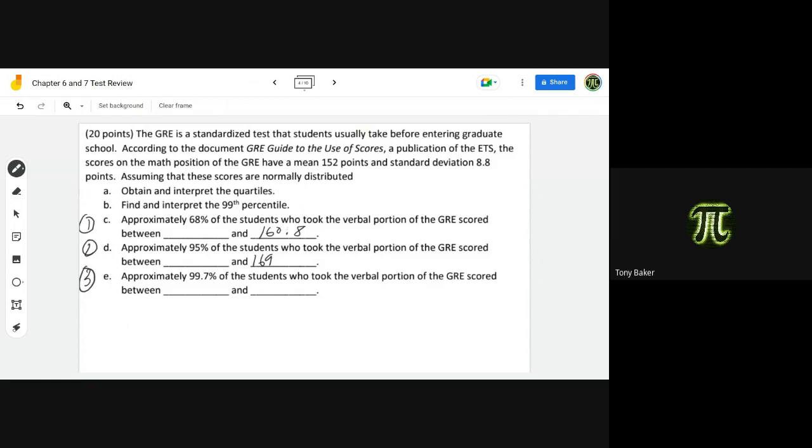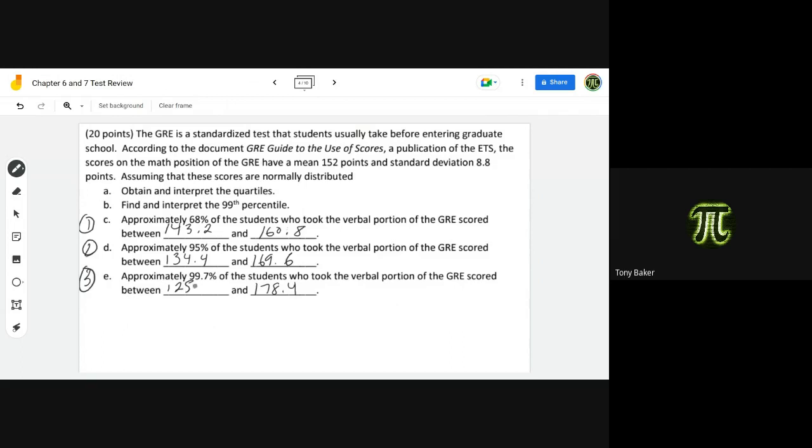So 169.6 and then add 8.8 again and get the 178.4. I would do one side and then do the other one. And then just do 152 minus 8.8. And that's the 143.2, and minus 8.8 again, 134.4, and then minus it one more time.